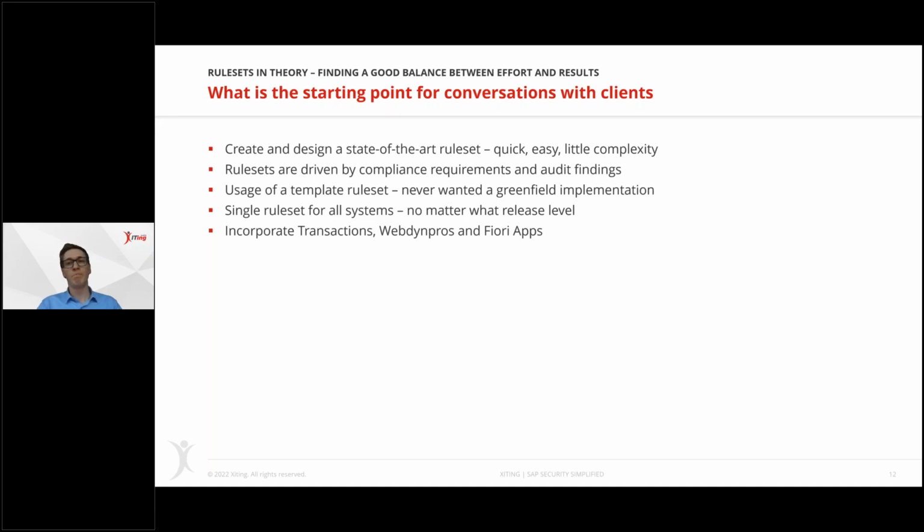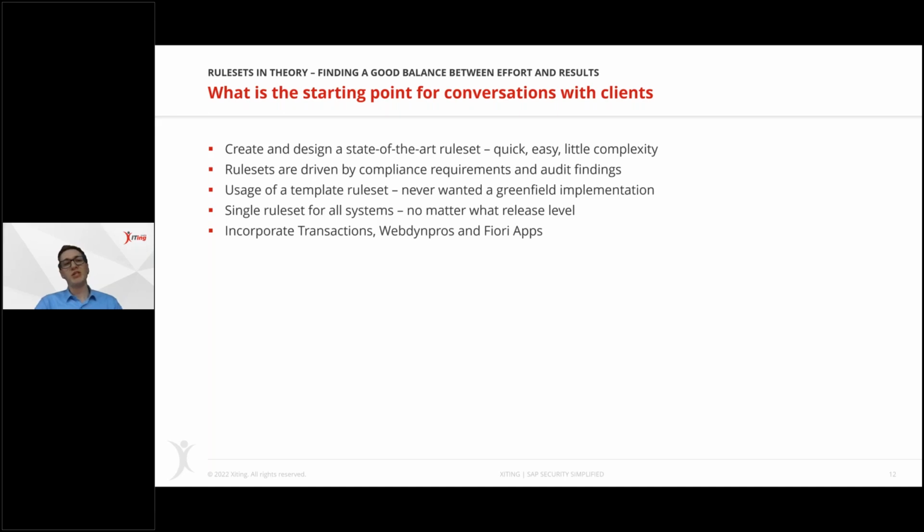We had several implementations of rule sets where we were addressing audit findings related to the existence of a rule set. There was not even any rule around to identify SOD conflicts based on access granted in the system. Those are key drivers for implementing a new rule set.